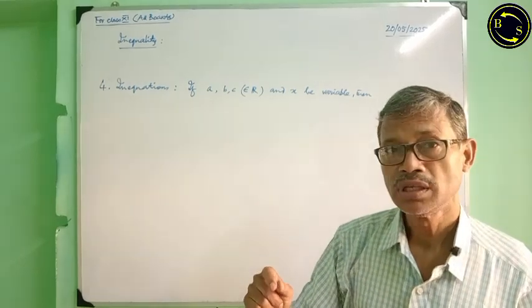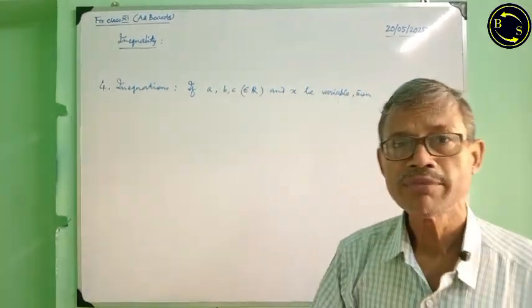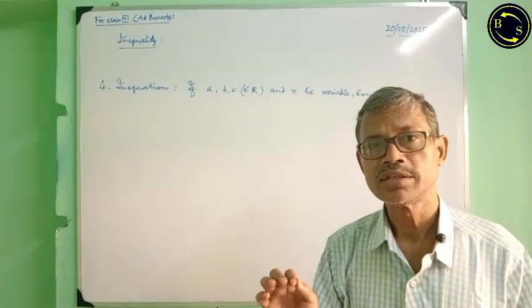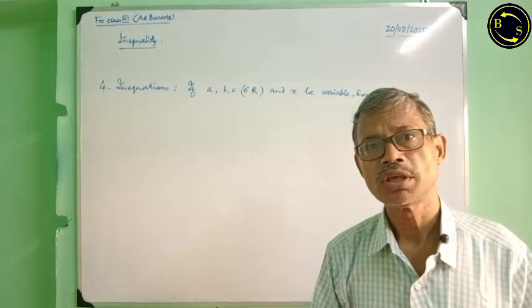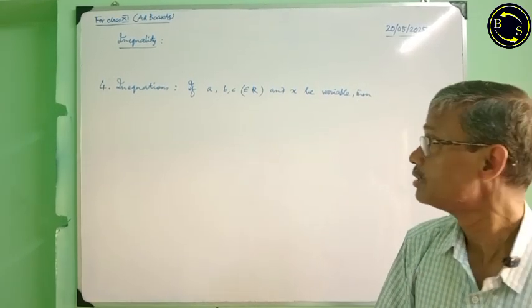Those are equations. But in place of the equality symbol, if there are unequal, less than, greater than, less than or equal to, greater than or equal to symbols, then we get inequations.